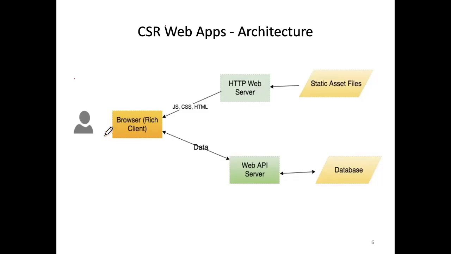So the way these work now is my user enters the URL of the web app. That request, that URL, is going to be directed to this static web server. It's an ordinary plain old web server. And the web server is going to grab the assets, which will be a combination of JavaScript, maybe some CSS, and a tiny bit of HTML, very little though.